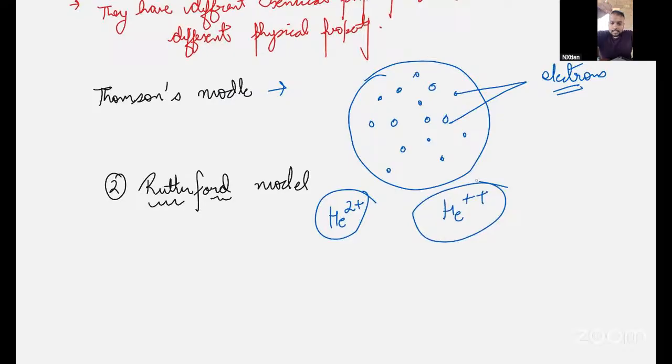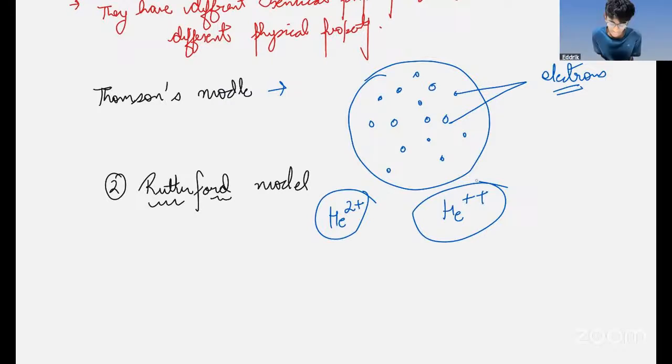Why did he do double plus? Because he wants to remove electrons from the helium atom. If you remove the electrons, then the alpha particle becomes a positive particle.